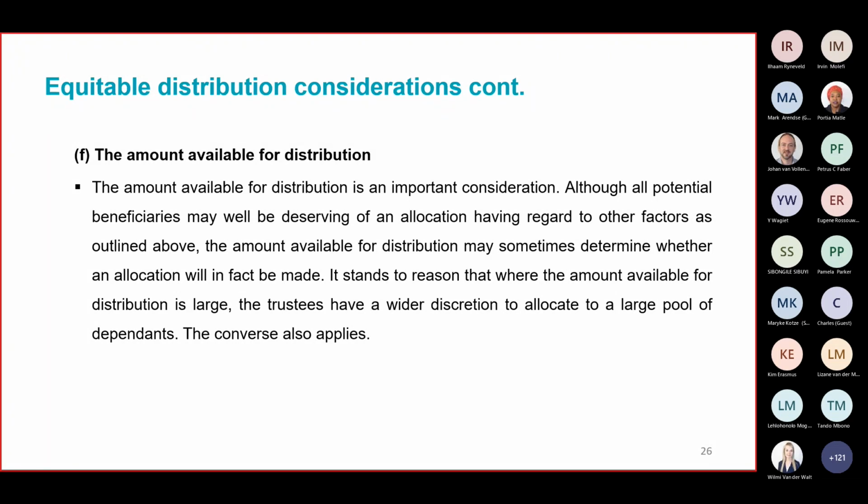It stands to reason that where the amount available for distribution is large, the trustees have a wider discretion to allocate to a large pool of dependents and nominees. And of course, the converse applies. So when you have a small benefit and a large pool, some people may even be left out in respect of the equitable consideration.